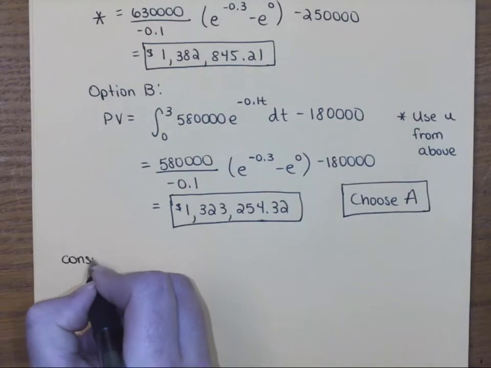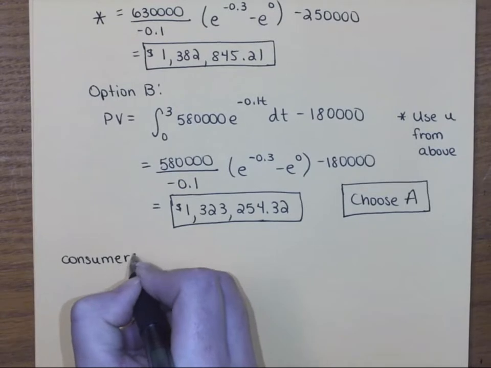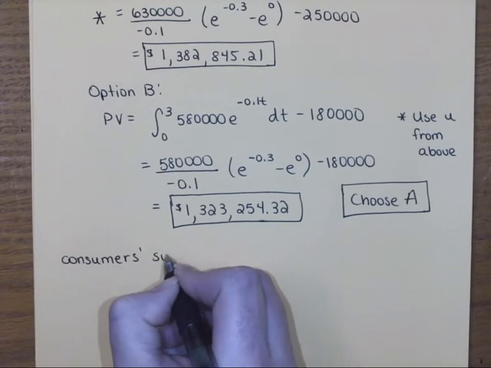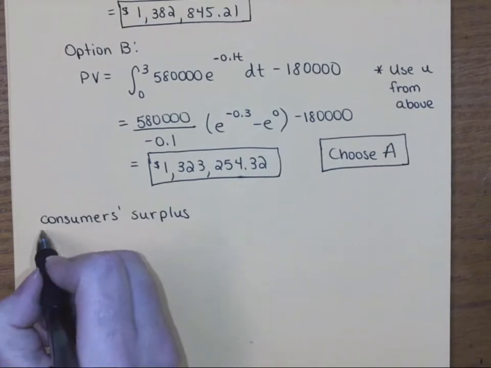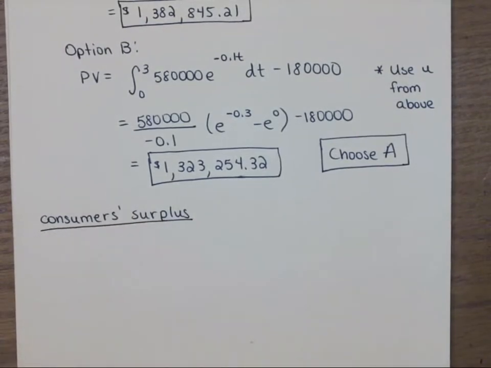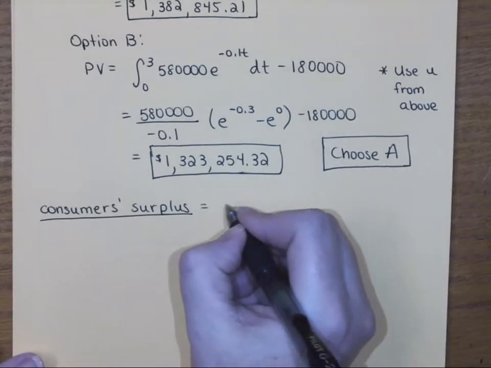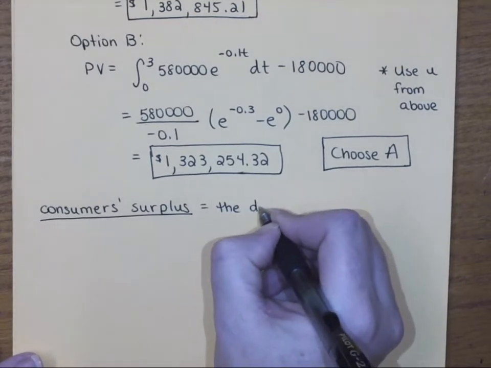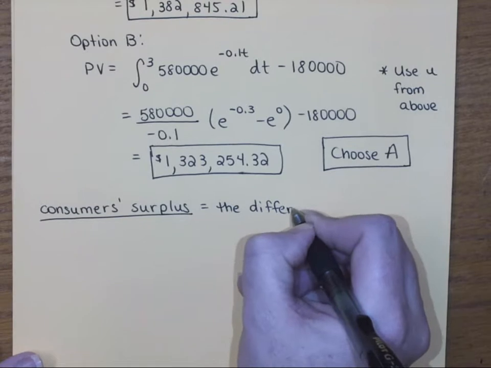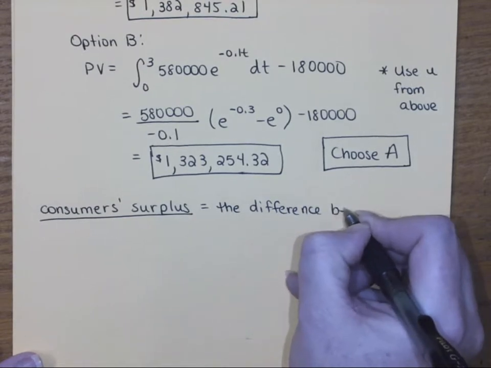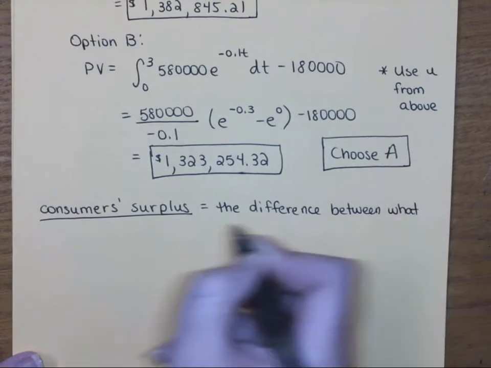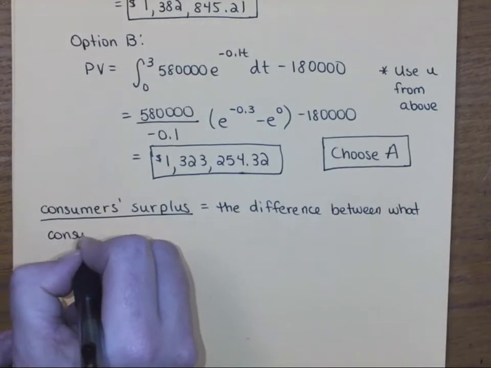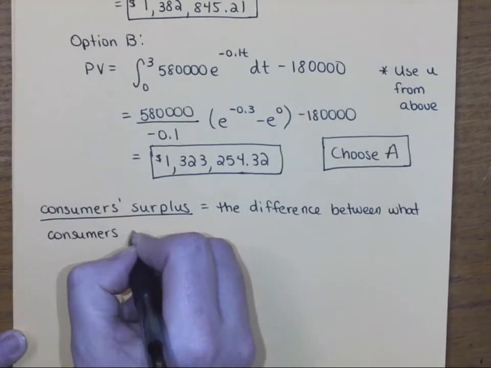All right, so for the last pair of economics applications here, we're going to look at something called consumer surplus and producer's surplus. So consumer surplus is, as a whole, the difference between what consumers are willing to pay before they just stop buying the item altogether.